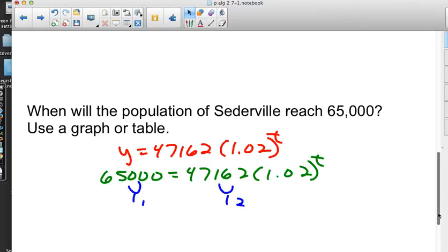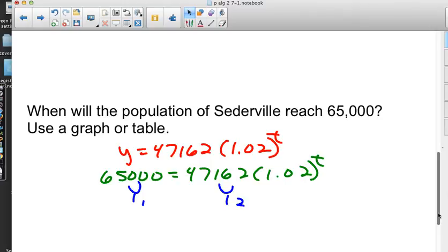Yeah, it's way off the charts. So we're going to have to do something about the window here. When will it reach 65,000? Well, let's see. We did 10 years, and it was at 57,490. Do you think 30 years is enough? 30. And we have to be able to see 65,000.